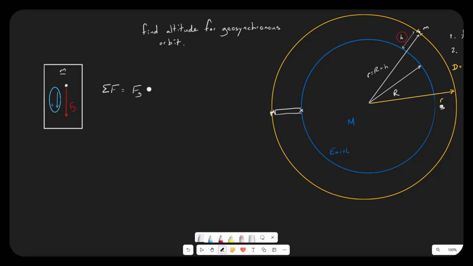It's the only force I've got, and that's going to equal mass times acceleration. Fg, again, is going to be G times big M times little m over r squared. r is my unknown now. I'm going to set that equal to mass times my acceleration, which is going to be a centripetal acceleration because I'm moving in a circle. So I'm going to get a v squared over r.